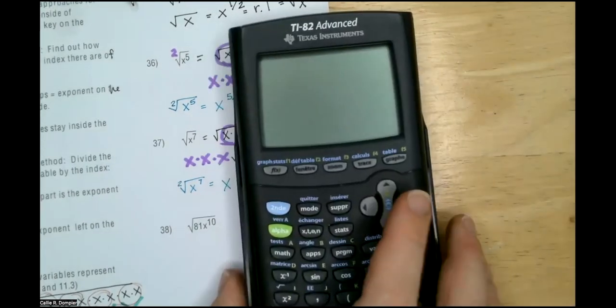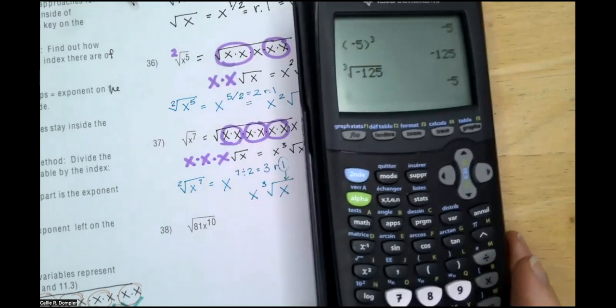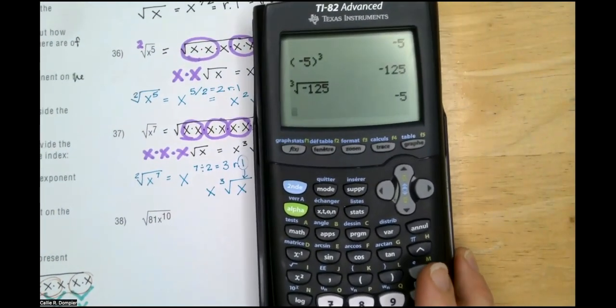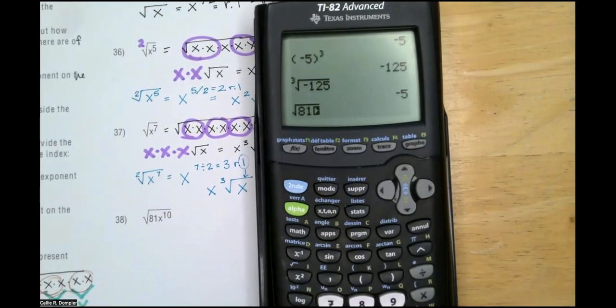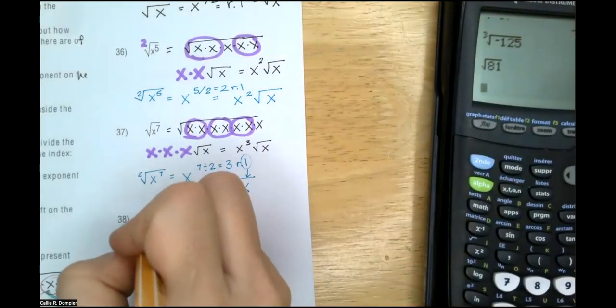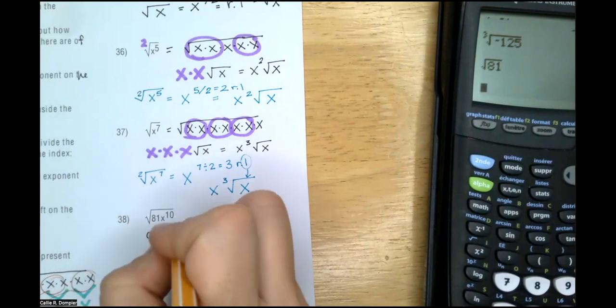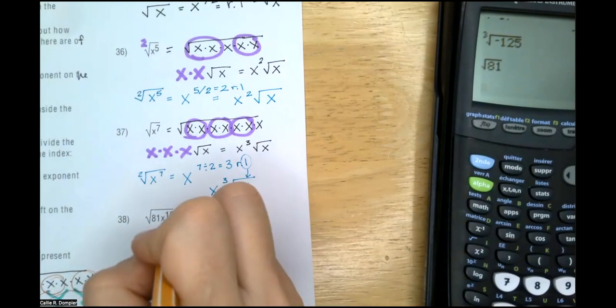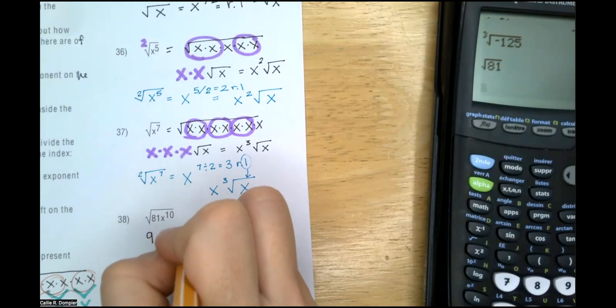81x to the 10th. So you can take the number part separately from the variable part. So the square root of 81 is going to be 9 because 9 times 9 is 81, right? And then you have the square root of x to the 10th.